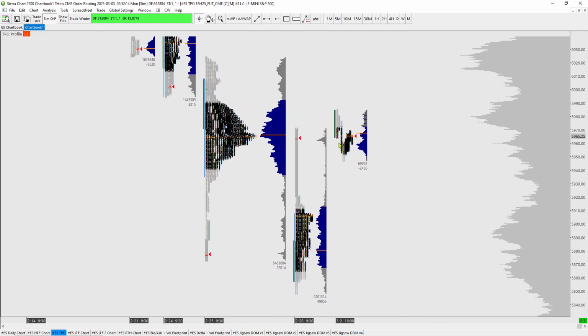So the way I really want to plot out levels here is look for areas where there's peaks and valleys in the profile so that I can use them as extreme points of value and get good price location to either break away from value or rotate back into value.